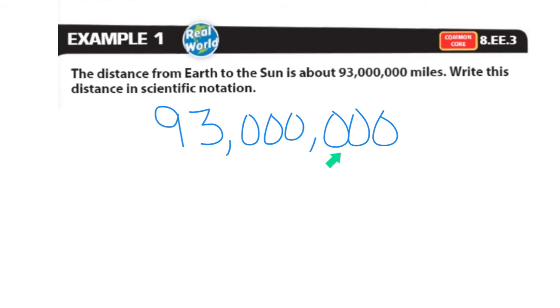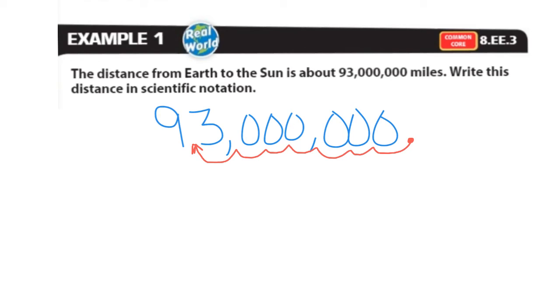Now, this very large number, it's easier to work with this number if it's written in scientific notation. So let's locate our decimal point. If I don't see it, it's automatically on the far right. And I'm going to move it over 1, 2, 3, 4, 5, 6, 7 spaces.